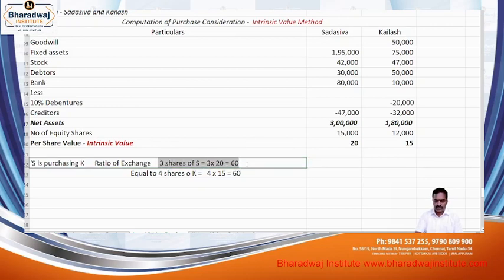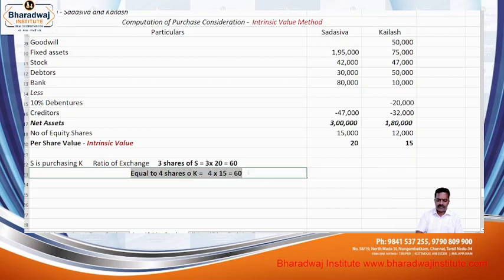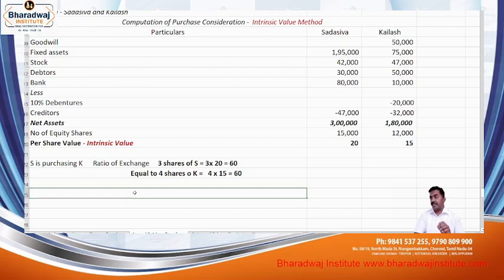3 shares of S is equal to 4 shares of K by taking the LCM, right? So which company are we going to acquire? K. So for every 4 shares in K, how many shares will be allotted? 3 shares in S will be allotted.